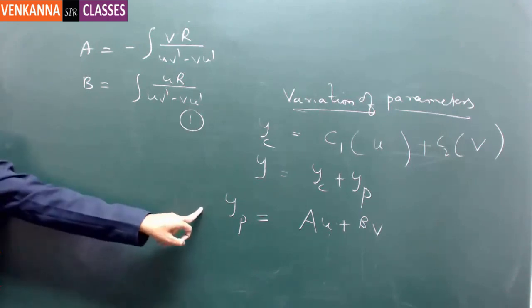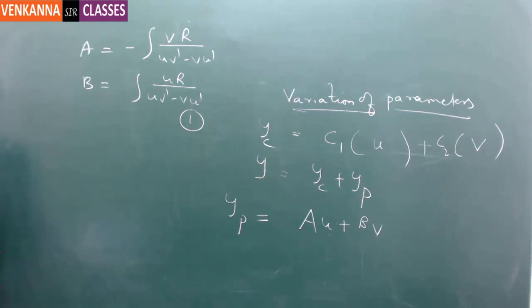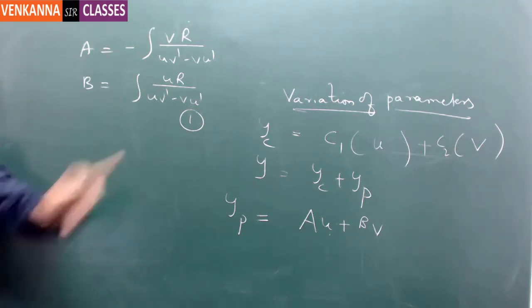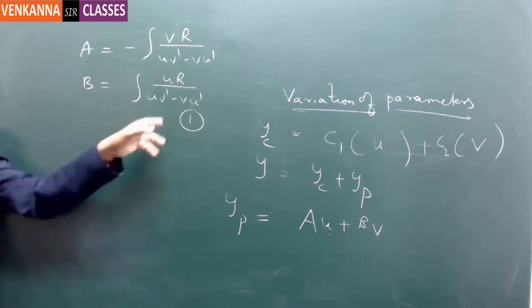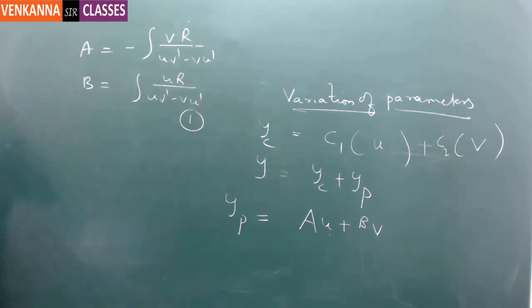The formula for yp is a into u plus b into v, where a and b are functions determined by using these two integrals, where r is nothing but the RHS of the given problem. After noting this, please inform me, and we will take a problem which gives a good idea.